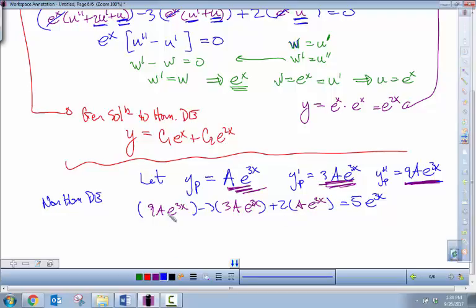We can see that they all have an e to the 3x that would cancel out. We have essentially 9a minus 9a plus 2a. So what's a equal to?